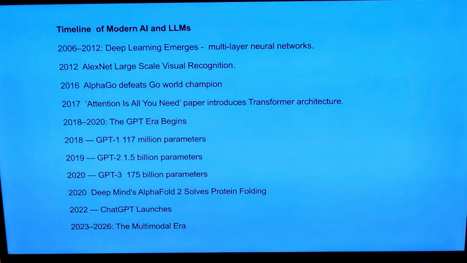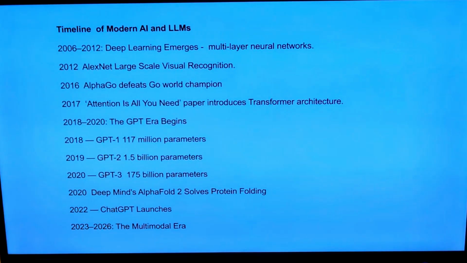But with regards to what we now refer to as AI, we have a distinct timeline here. Deep learning is around 2006 to 2012. Neural networks have been around for a while, which are computer programs that mimic the neurons in the brain.